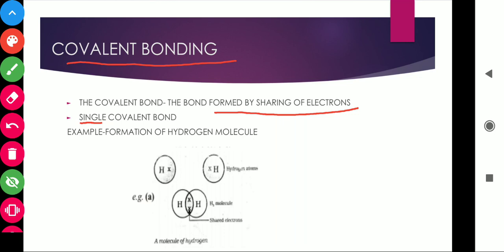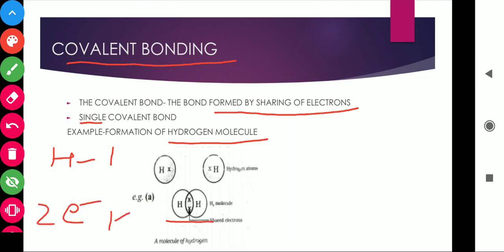Only one electron from each atom gets shared by 2 atoms. Example, hydrogen molecule, H, atomic number 1. 1 electron is there in each. If they share, how many electrons are there? 2 electrons in the K shell. In this way, it forms a hydrogen molecule.